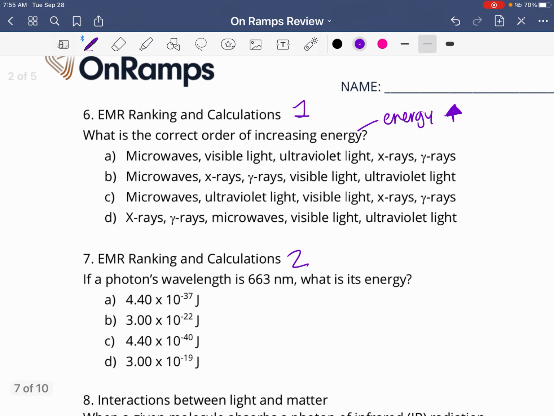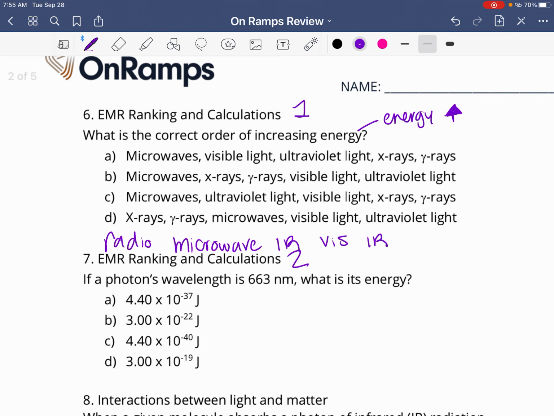Okay. So when you see this question, I want you to go ahead and just write out your spectrum. So start with smallest. We have radio waves. Then we have microwaves. Then we have IR. Then we have our visible region.